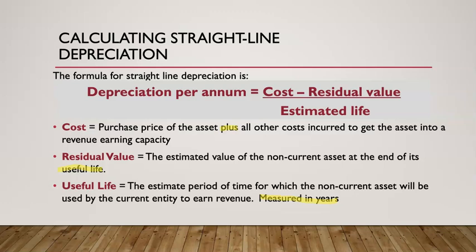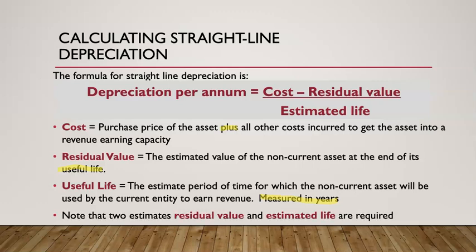So we're going to have an asset that is going to be worth something at the start, worth something at the end, and it's going to go down in value over the course of its estimated life. And this is why all three are important. It is important to note that two of these are estimates.